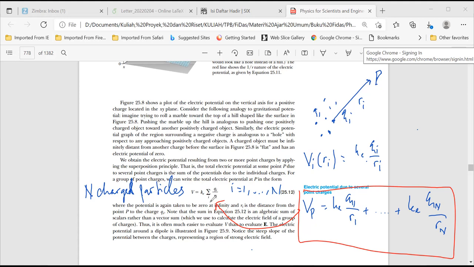We have a sigma here, sigma i from 1 to capital N, Qi over ri. Anything else? Any comments? No, okay. I hope it is clear for all of you. Okay, so let us continue.